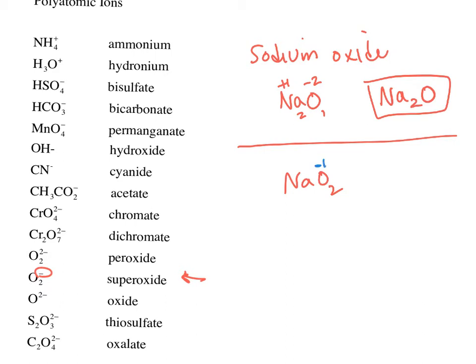In total, the charge is -1, which means each oxygen in the superoxide is actually -1/2, which is okay. You can have fractional values. So the whole thing right here is -1, and sodium will be +1 with that. So then you would write it as NaO2 as opposed to Na2O, right? And this would be sodium superoxide.